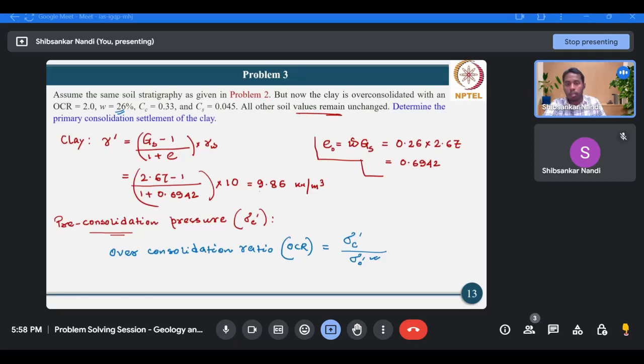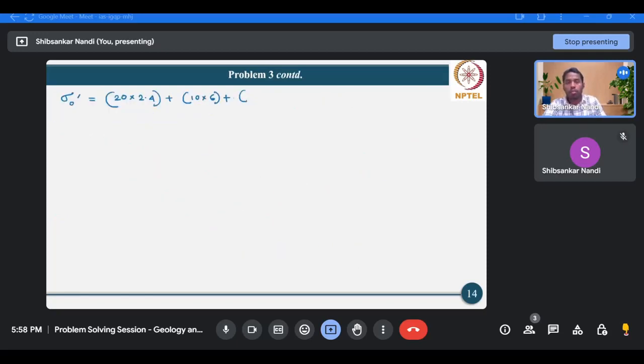So 9.86 multiplied by 1. So it's 120.33 kPa. Okay. Now we have calculated sigma 0 prime.